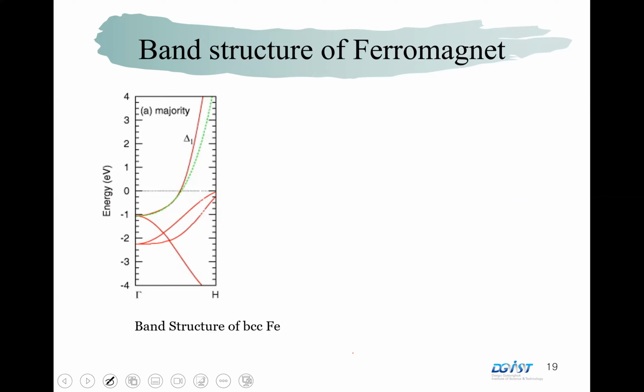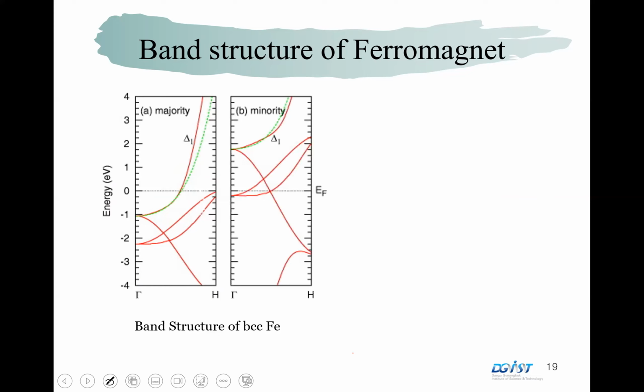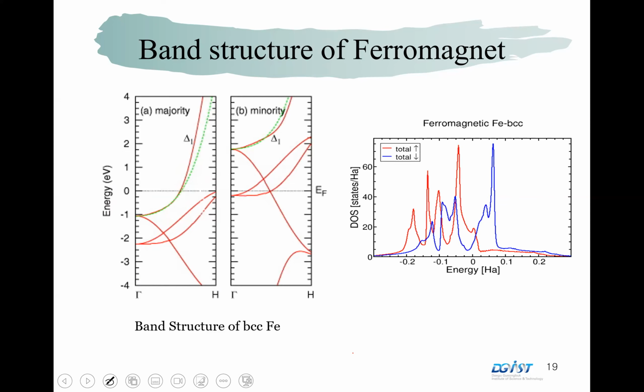Okay, this is the band structure of iron, for the majority and minority bands. And this is the density of states of iron at this level. This is the Fermi level, and the blue one and red one are slightly different in details, but the overall picture is quite similar. They're just a shift of the band, right?